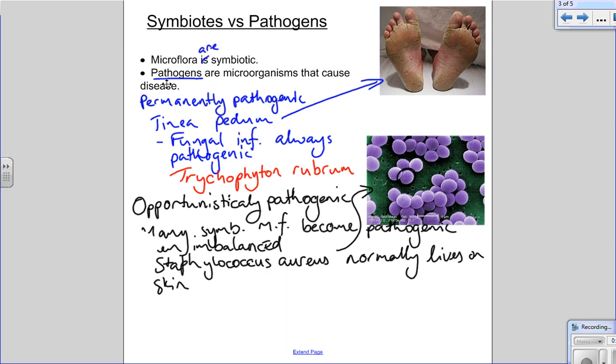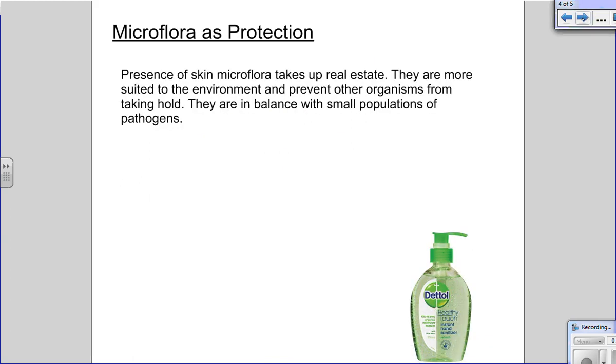But if it enters the bloodstream, it can be quite dangerous. And this often happens during surgical procedures. So often in surgical procedures, that's the source of infection.